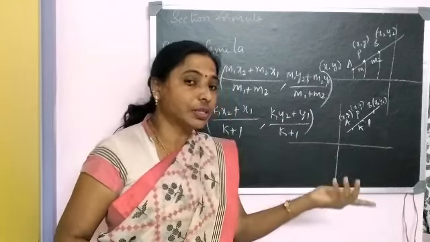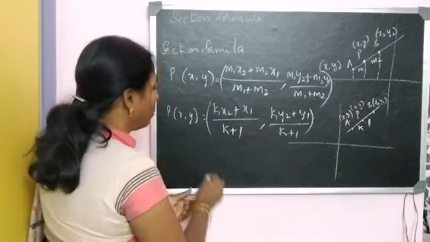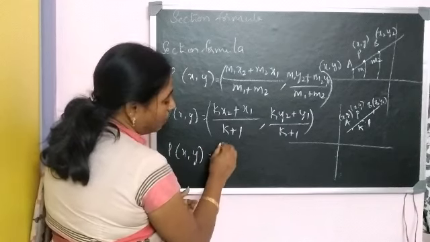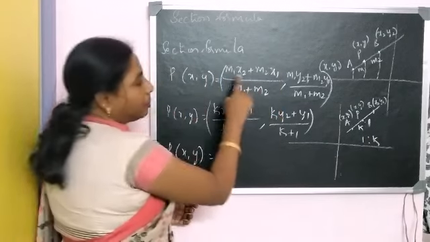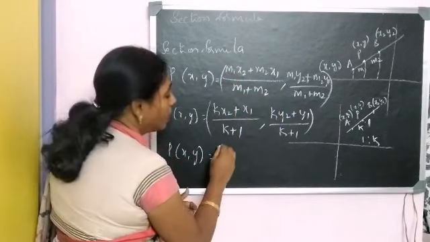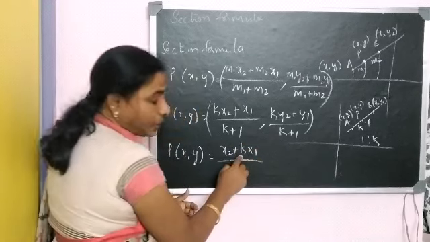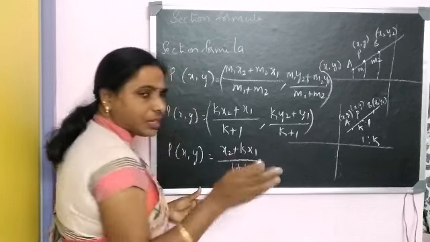Think that it is reversed, that is, in the ratio 1 is to k. What happens? P of xy is equal to, here it is 1 is to k, that means m1 is 1, therefore x2 plus k x1, because m2 is k, divided by k plus 1 or 1 plus k, it is the same thing.